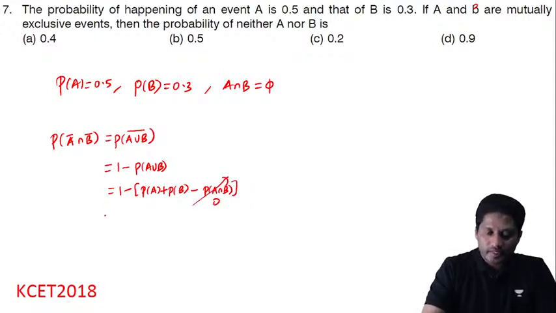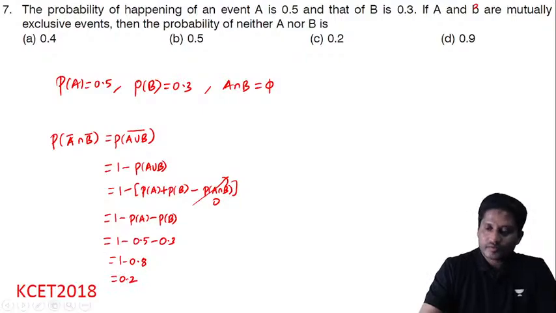This becomes 1 minus P of A minus P of B. P of A is equal to 0.5, P of B is equal to 0.3. Equal to 1 minus 0.8, which is equal to 0.2. Answer is option C. Let's move to the next question.